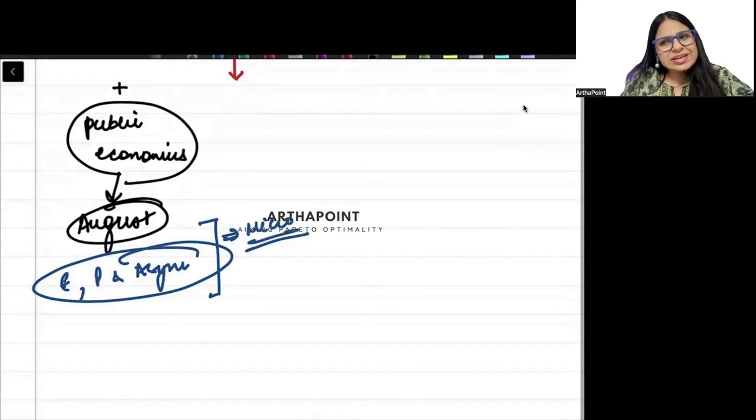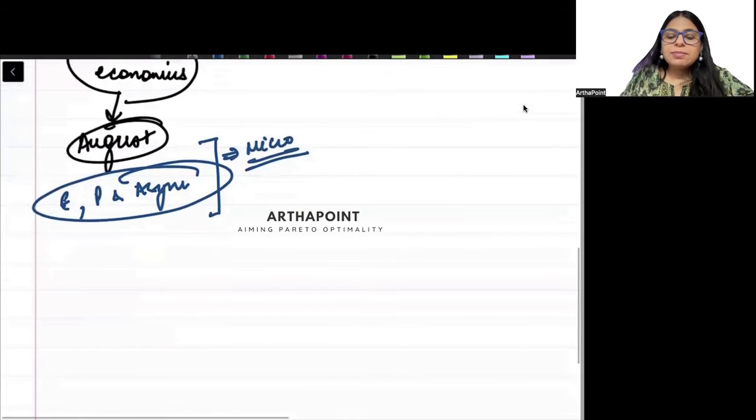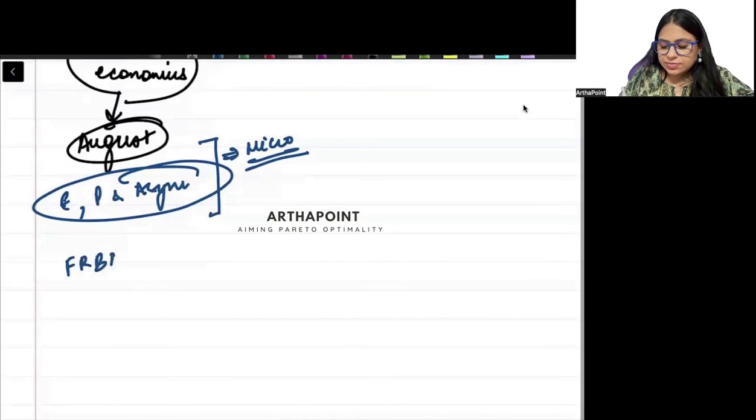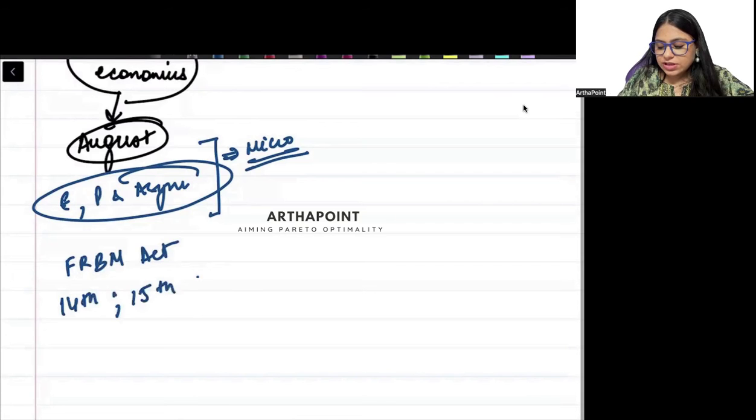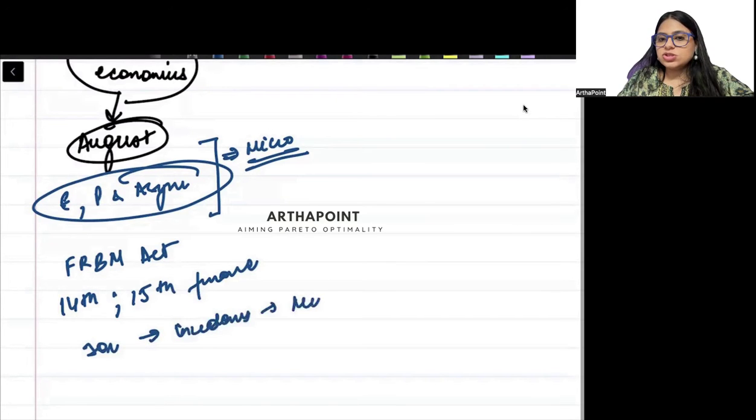Because usually we teach it with micro itself, but other things will be available under public eco. So you will find things like the FRBM Act, the 14th Finance Commission, the 15th Finance Commission, and you will find videos on tax incidence in basic micro. This you will find in basic micro.